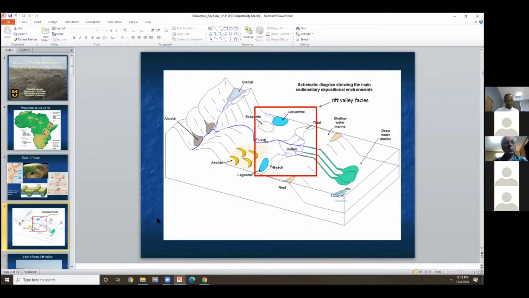So in East Africa, fossils were preserved in a sedimentary basin. As you can see here, it's a river.